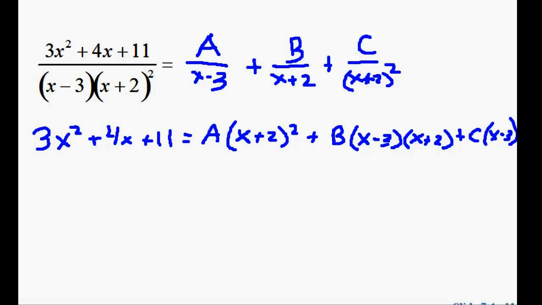What we need to do now is to find the values for a, b, and c. So we're going to start by picking some values for x so that we can isolate the a, the b, and the c.